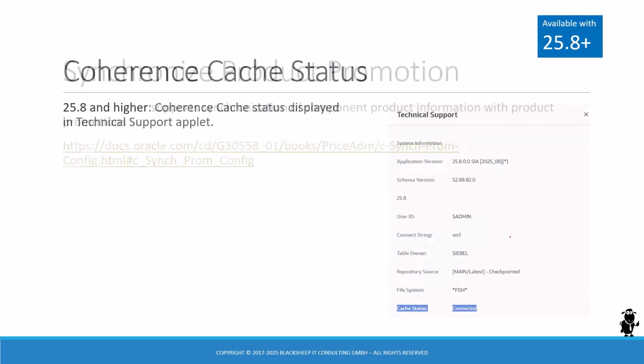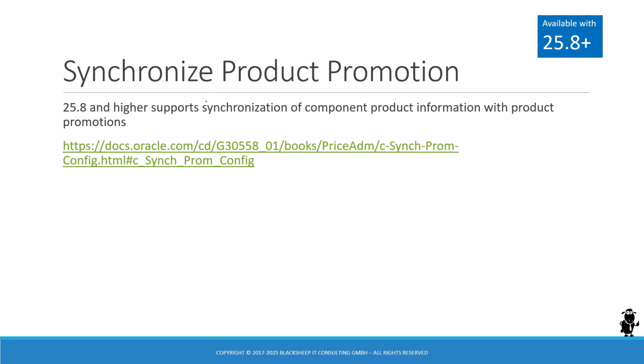Actually, just to elaborate on that one, we have a synchronize button in the promotion administration screen. It can happen that your CP definition changed after you have created the promotion, and if you want to update the promotion rules with that new definition, then the synchronize button will be useful in that scenario.